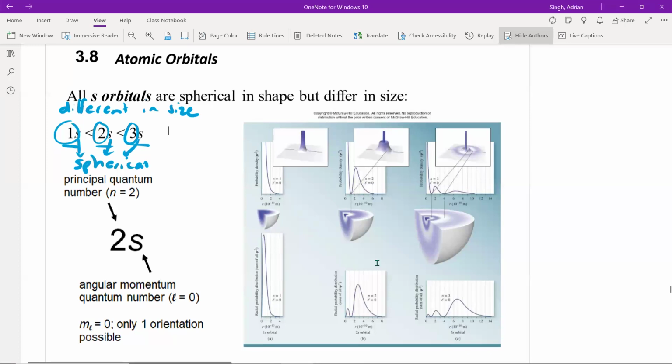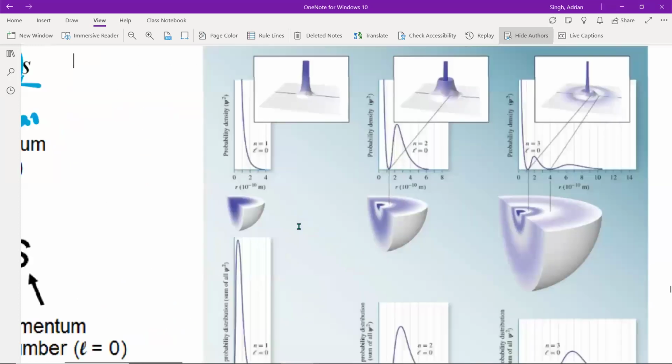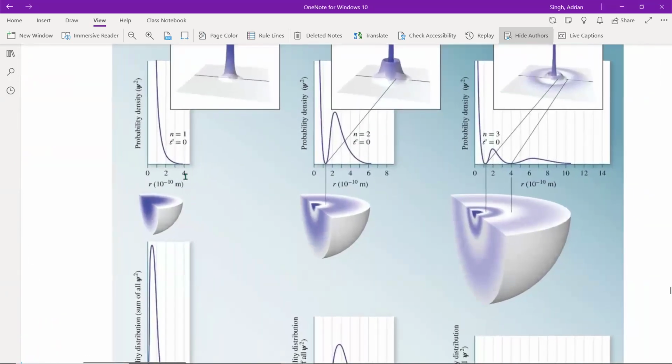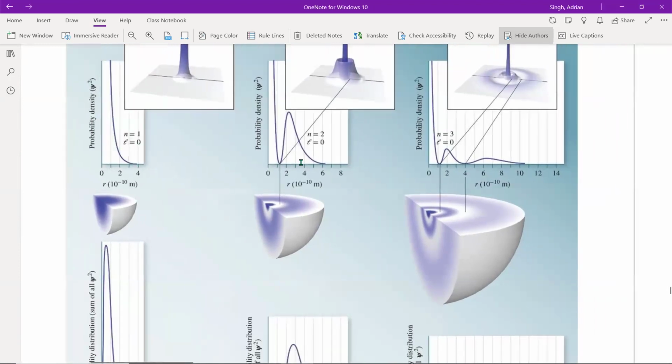And if we take a look at the probability density, so psi squared, for example, we can note some differences between these, right? So as you radiate out from the nucleus, we can see the probability density starts off at a maximum, then it decreases the further away you get. This is for n equals 1, okay, and l equals 0. For n equals 2, the second energy level, the 2s, so this here is for the 1s, this is the 2s, and this is the 3s, right?